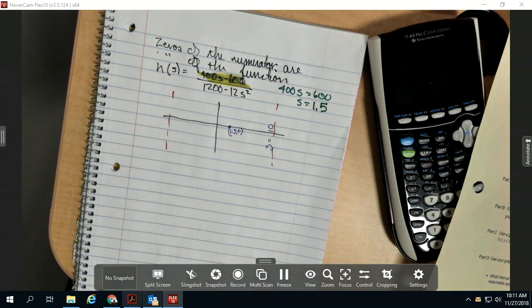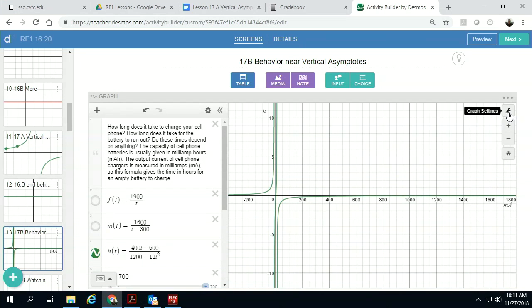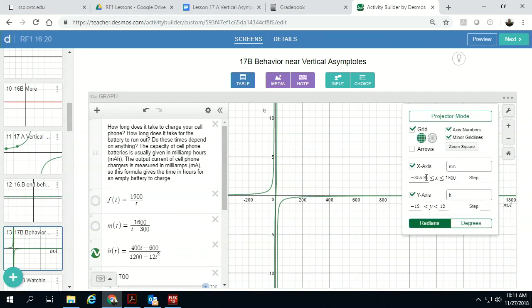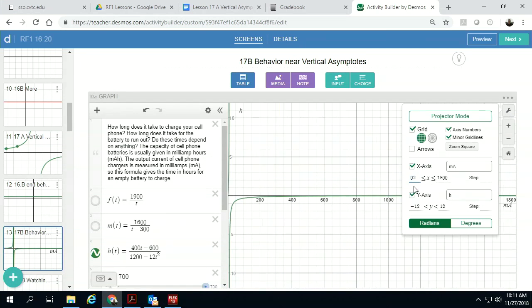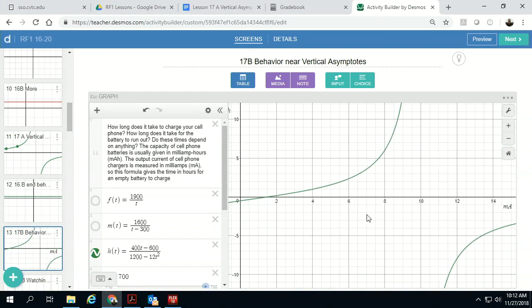C, use a graphing calculator or app. Make sure s goes from 0 to 16.